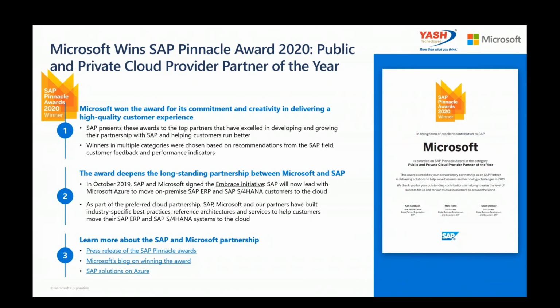So for any customers who are looking at a migration of their SAP systems or moving on to SAP S/4HANA, SAP would position Azure as the cloud of choice. Part of this whole Embrace initiative is also the inclusion of best practices across the industry, reference architectures, and the expert technical support that the customers would get through the Embrace initiative that we have signed.